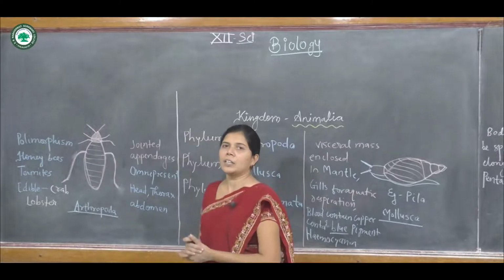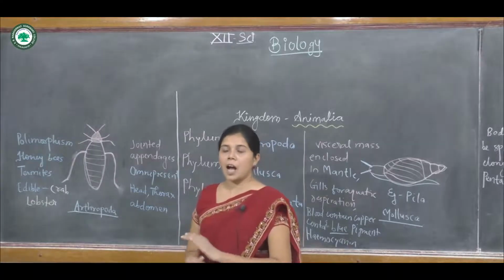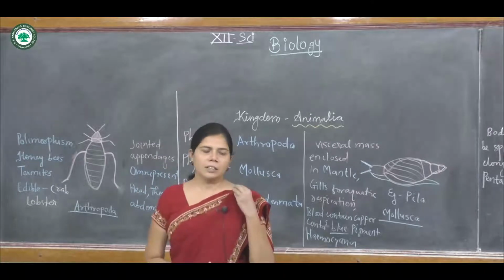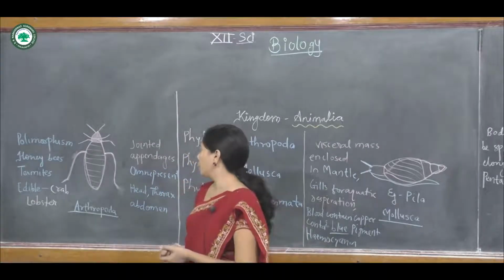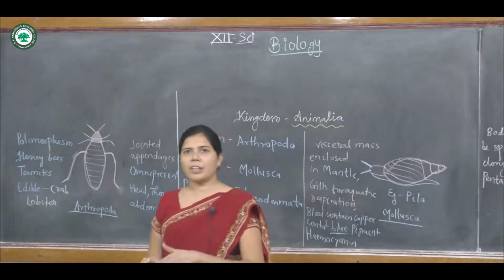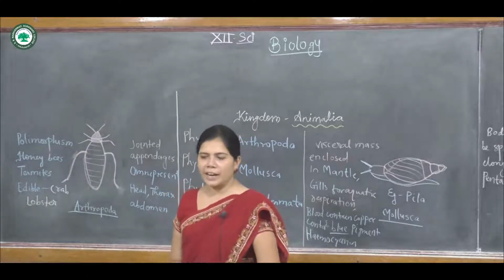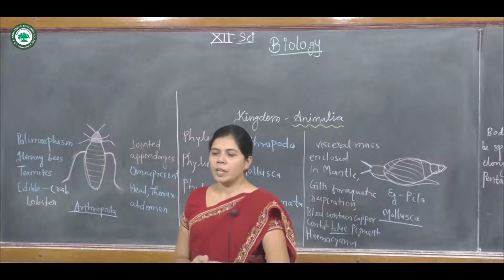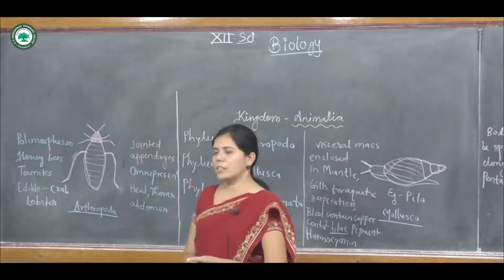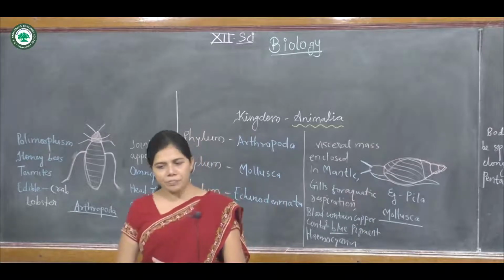That's why the name is Arthropoda. Again, these are omnipresent animals. Omnipresent means they are found everywhere, not only in aquatic habitats or only on land. They are present anywhere.